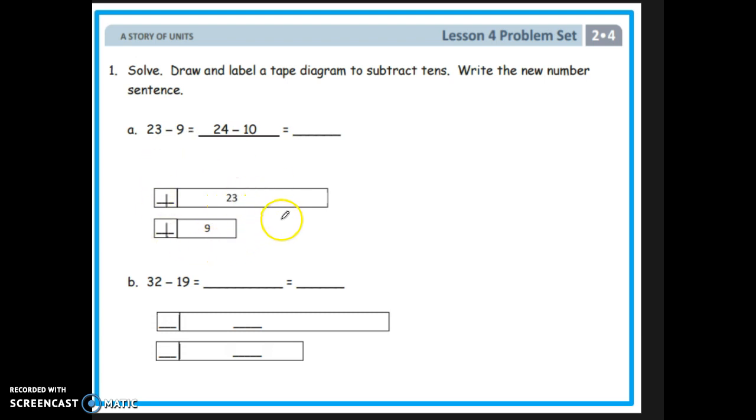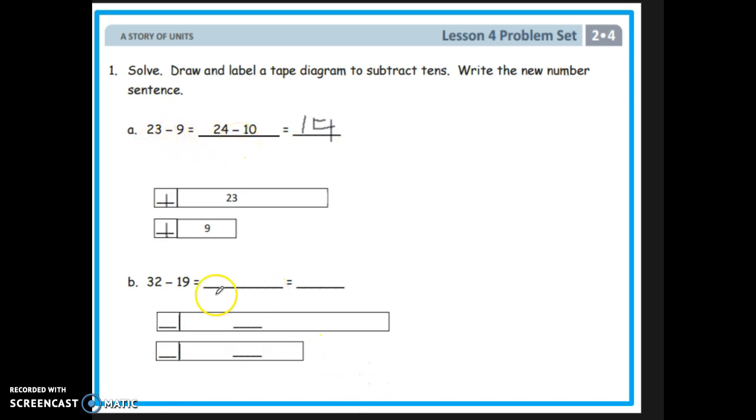So our new number sentence now, because we made our 10 and now we made 24, is 24 minus 10 equals, right, 14. But these two, if you notice, these two right here, they have an equal sign in there. And that's because 23 minus 9 is the same as 24 minus 10.